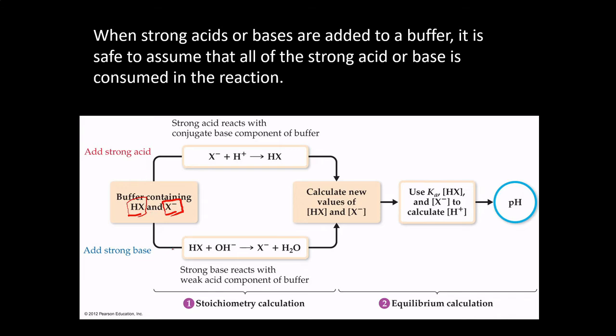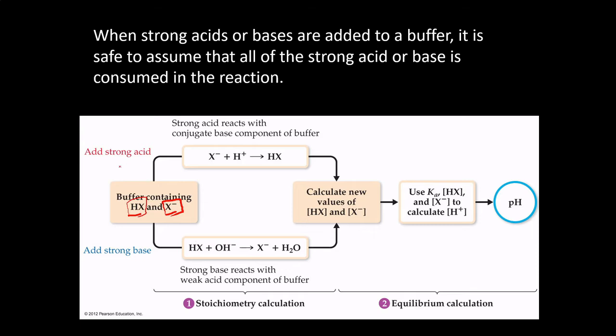Now, there is a technical difference from one thing to another depending on what we add, but really in terms of the actual mechanical process of working through the problem, it doesn't actually make a difference. So it will make a difference in that different molecules will react, but it won't make a difference in terms of the math. Like the process is going to be the same regardless.